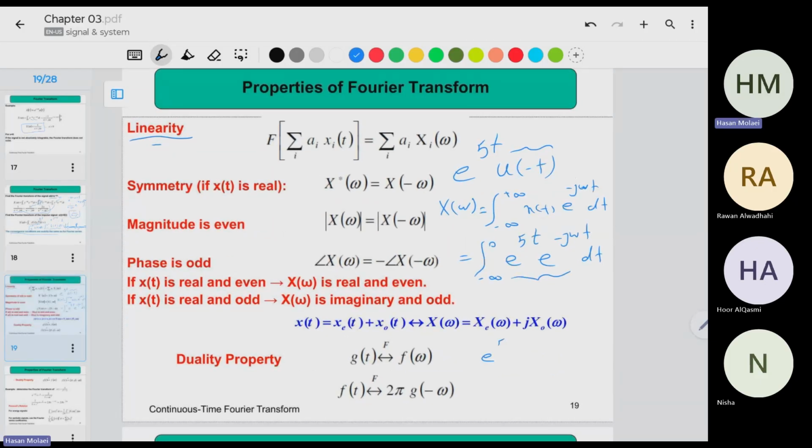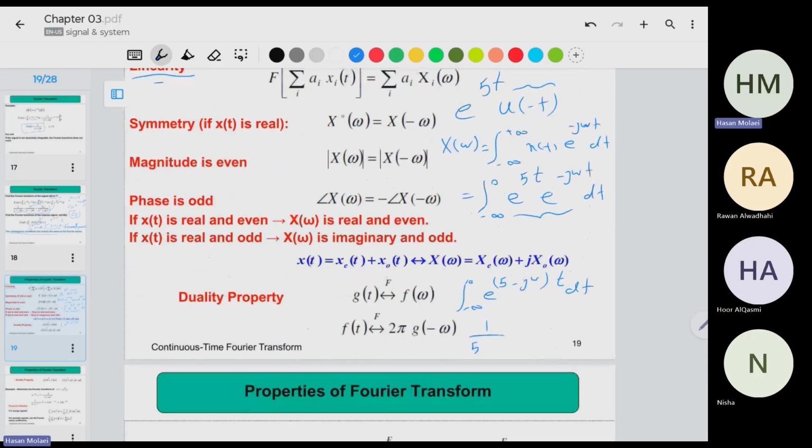It is e to power of 5 minus j omega t, which is 1 over 5 minus j omega times e to power of 5 minus j omega.